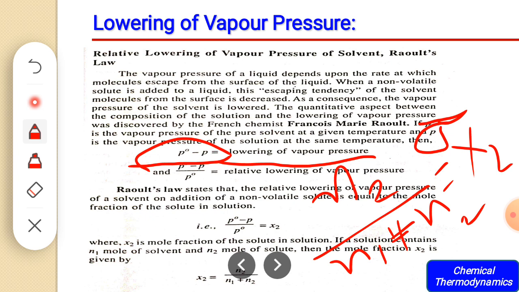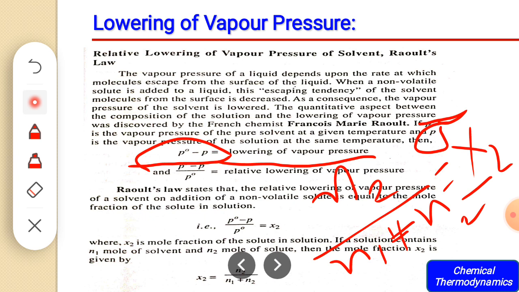And here, according to Raoult's law, the relative lowering of vapor pressure, meaning P0 minus P divided by P0, is always equal to the mole fraction of the solute, x2, meaning N2 upon N1 plus N2.